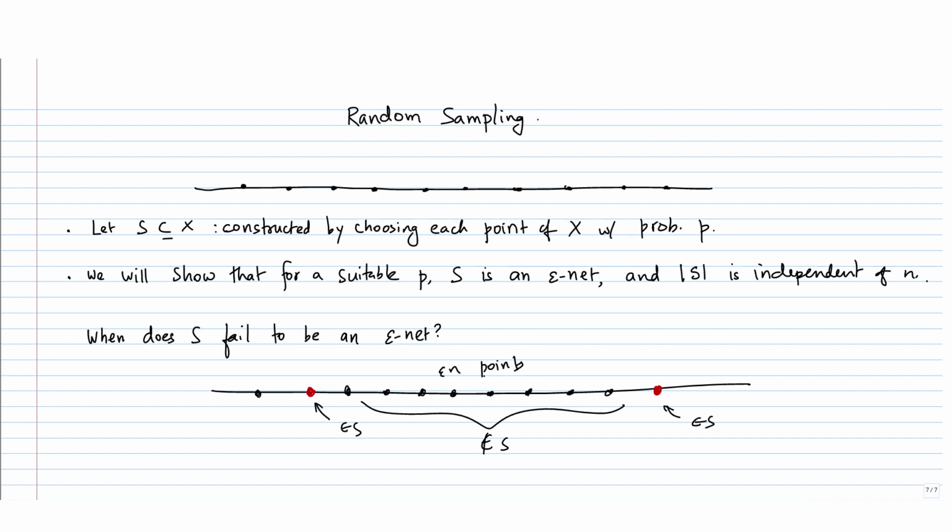Right? That's when S fails. If there are 2 consecutive points of S so that between them there are epsilon n points that you've not chosen, then S fails to be an epsilon net.